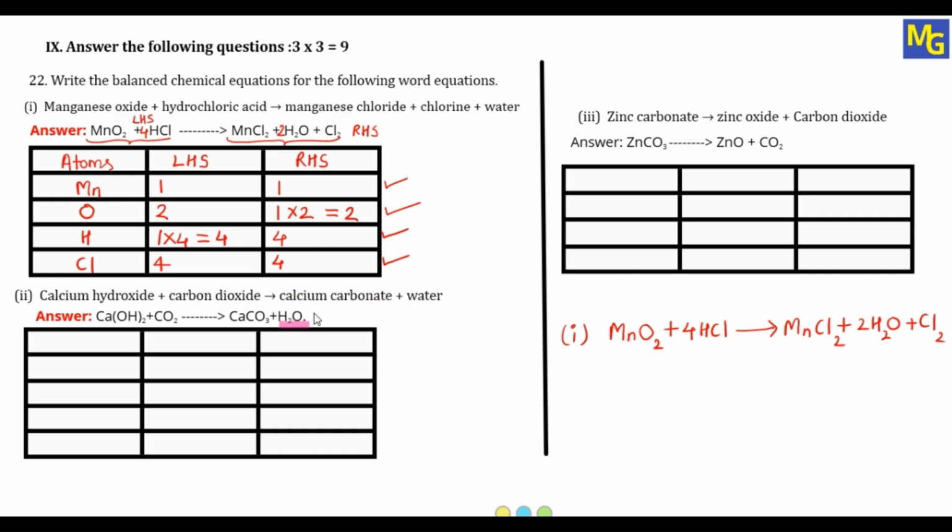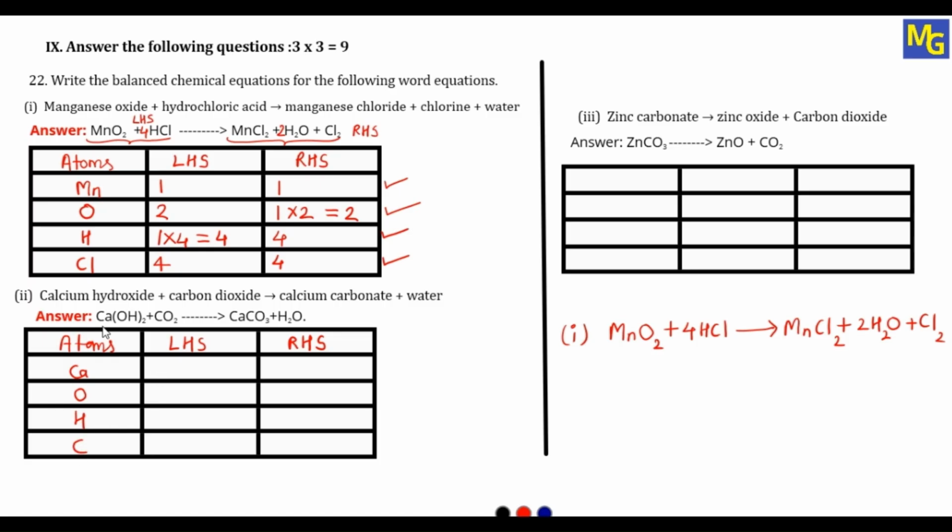So same as earlier, first write down the number of atoms on the left hand side and right hand side. So I'll write here atoms, then this is LHS, this is RHS. What are the atoms we have? We have calcium, oxygen, hydrogen and carbon.